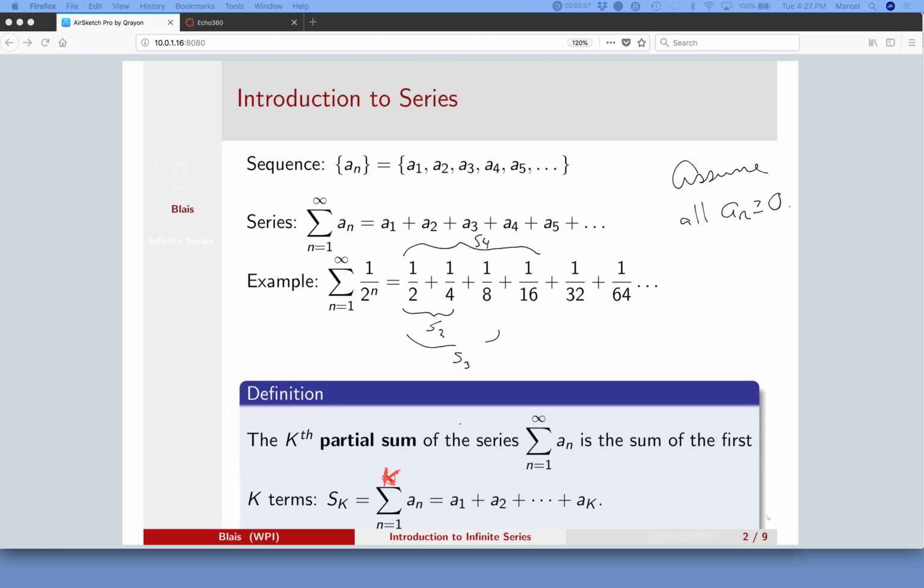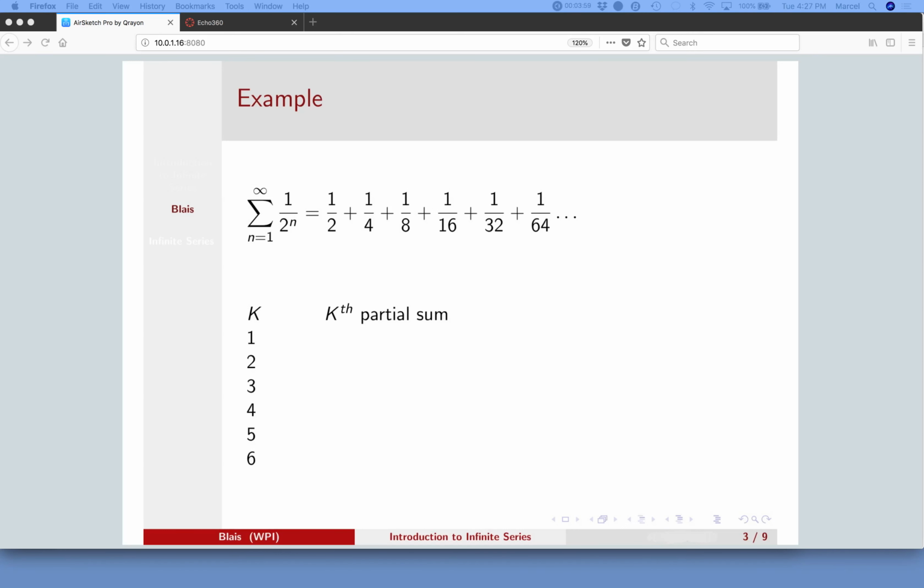So let's delve into the partial sums a bit for this example. The first partial sum was just 1/2. The second partial sum is the sum of these two, so we have 1/2 plus 1/4. And if we make columns here, we'll have one more column.